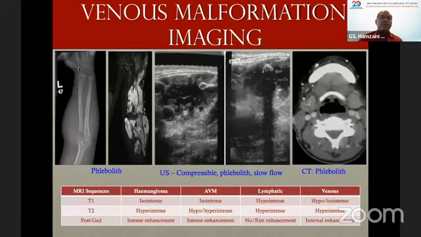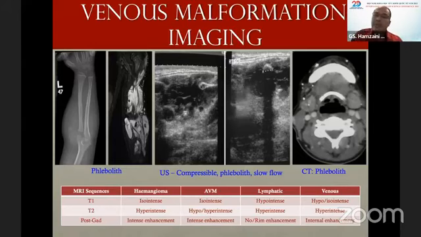Imaging wise, on X-ray, you can see here there is a phlebolith. You can see a swelling at the left elbow and forearm. On T2 MRI, you can see bright signal with multiple phleboliths within. On ultrasound, you'll see a heterogeneously hypoechoic structure, which is compressible.